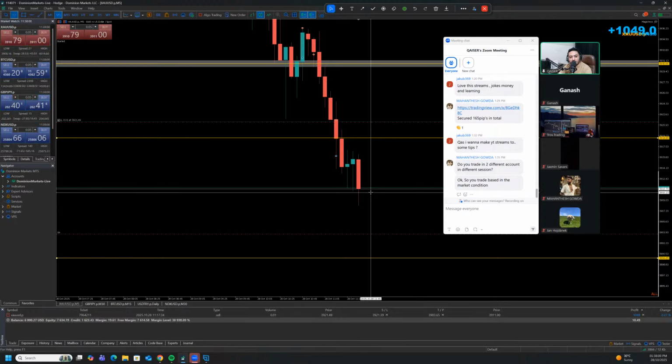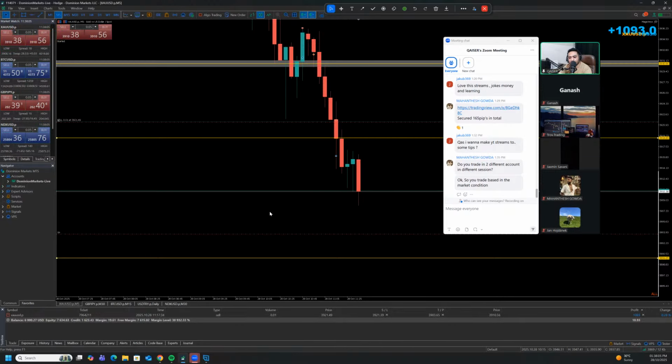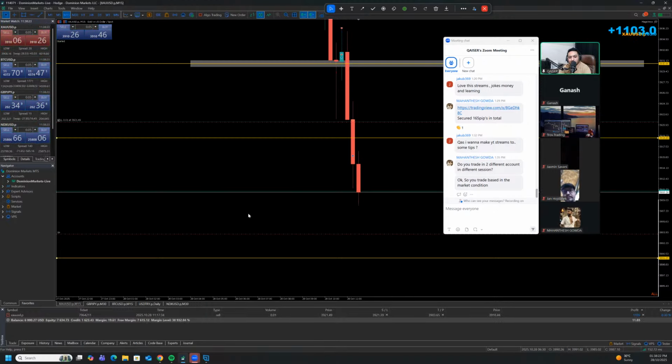It broke this 5 minute structure. Good, continuously pushing downside. We are heading towards 3900. Wow. Come on. Just give me a push to the downside.